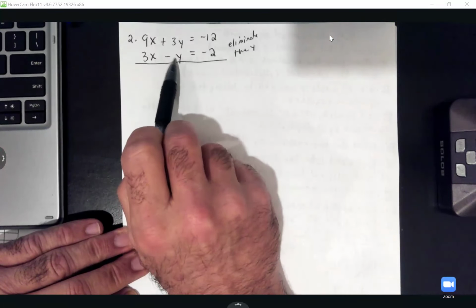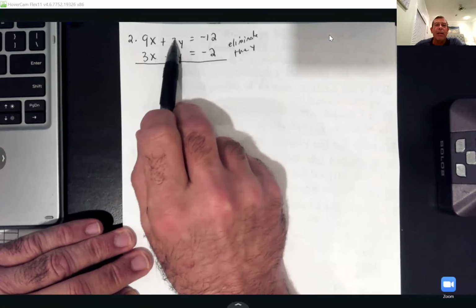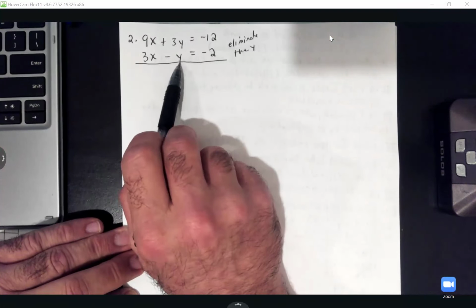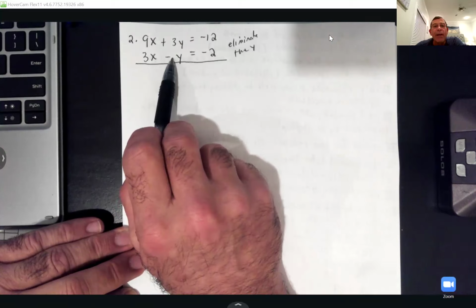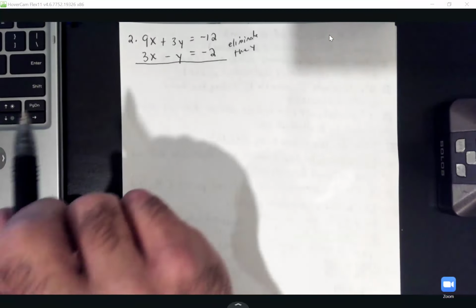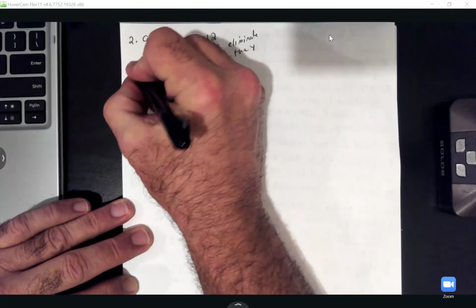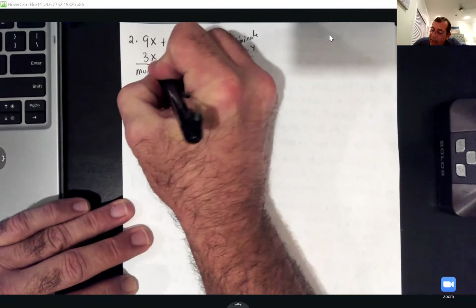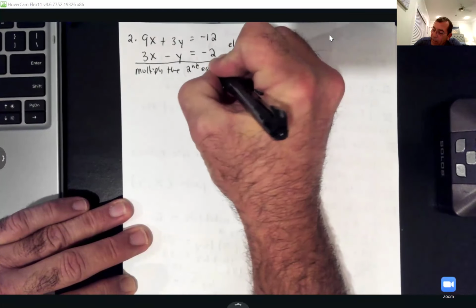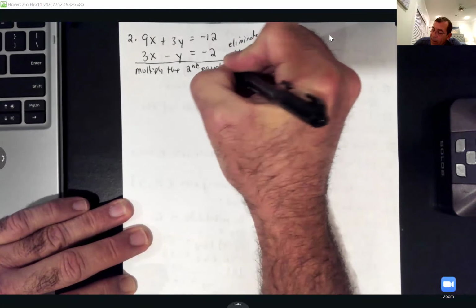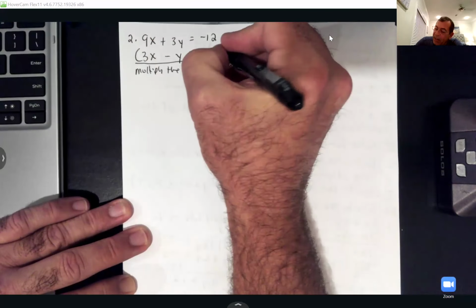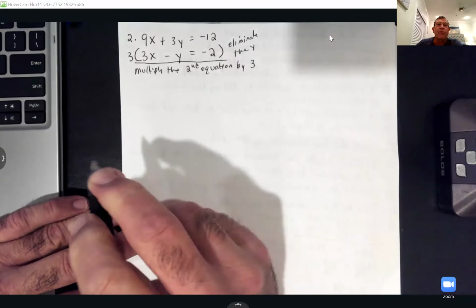What are you going to multiply this row by if I want to get rid of these y's? By 3, because that'll give me a -3 there, and that -3 and +3 are going to cancel out. So we're going to multiply the second equation by 3. We're going to multiply this whole row by 3.